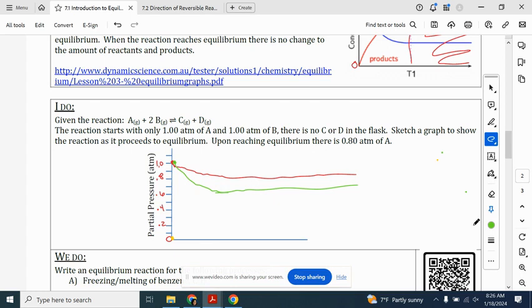And I'm going to try to get that drop. All right. So if A used up 0.2, if I do my BCA table here, A plus 2B yields C plus D. I started out at 1 and 1 and 0 and 0. Here I would have used up 0.2, which left me with 0.8.